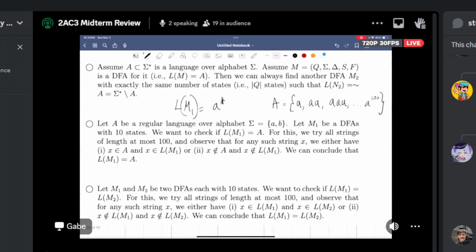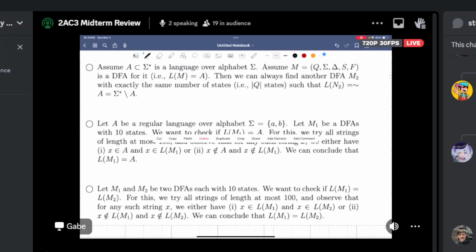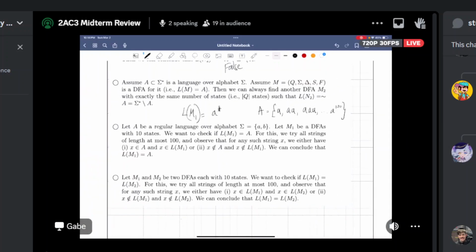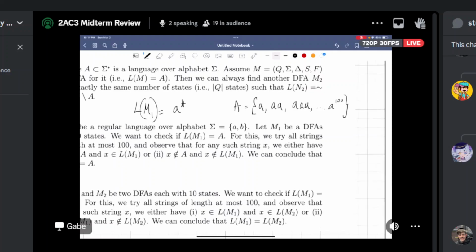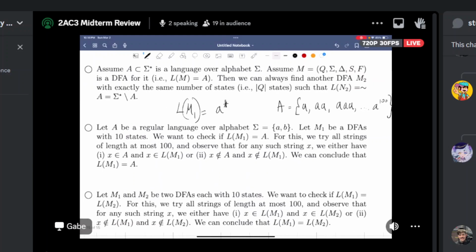Clearly they're not equal because A only accepts 100 repetitions of A, whereas M1 accepts all repetitions of A. Over here, we tried all strings of length at most 100, which are accepted by both, and what's not in them is rejected by both. But we cannot conclude that L of M1 is equal to A, because we just found a counterexample where they agree on all of these strings but are not equal.